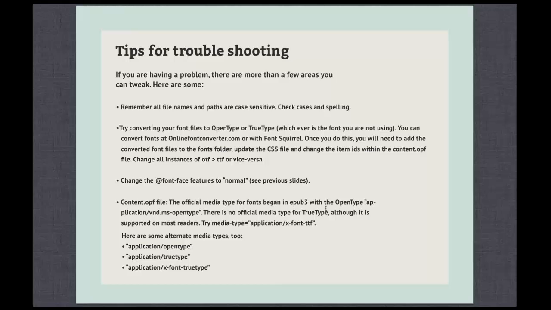You may want to tweak that, convert them, and then save them to the new format, and that also requires going through all of your coding, both your CSS and your content.opf file, and making sure that you change the extensions and the file names from, say, OTF to TTF. It's a lot of work, but if it can fix your font embedding problems, it may be worthwhile to you.